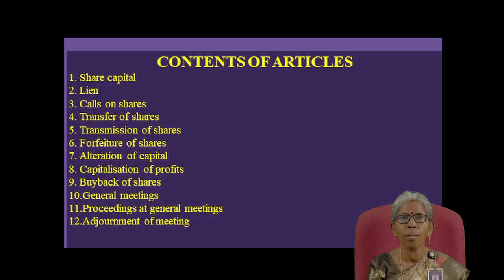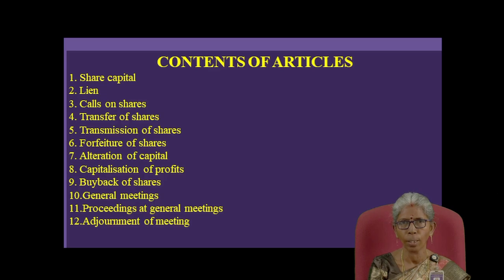Forfeiture means when a shareholder fails to pay the call amount to the company within the proper time, then his shares will be forfeited by the company. Then alteration of capital. Alteration means the capital may be divided, subdivided or reduced.